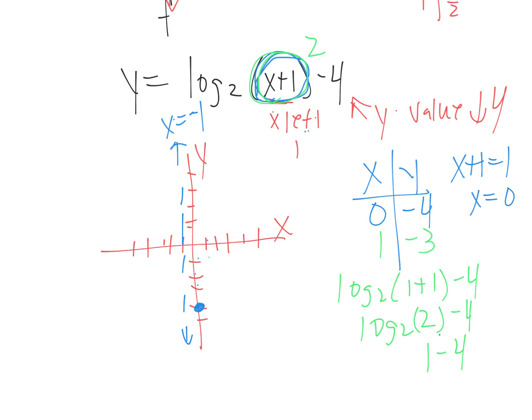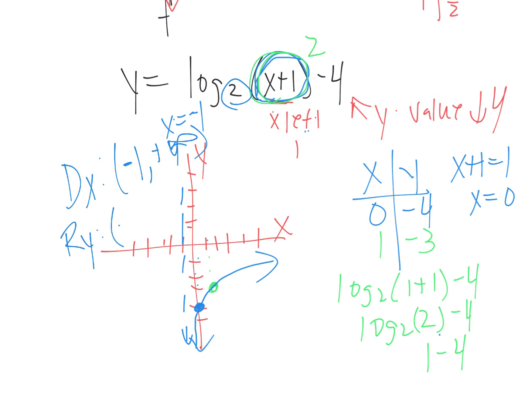So it goes 1, 1, 2, 3. And this is a growth, so I know it comes down and it grows like this, okay? My domain here would be from negative 1 to positive infinity, because it's my x values, and my range would be negative infinity to positive infinity.